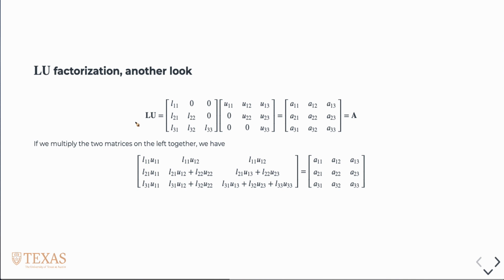If we were to go ahead and multiply out the components of L and U to get a matrix like this, we could see by inspection, if we use the algorithm where L has ones on the diagonal, like we did before, then we can just write down the fact that U11 will equal A11, U12 will equal A12, and U13 equals A13.